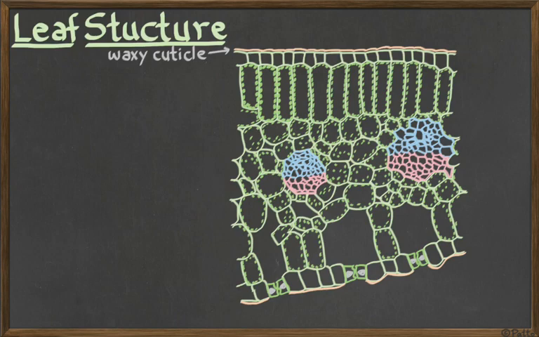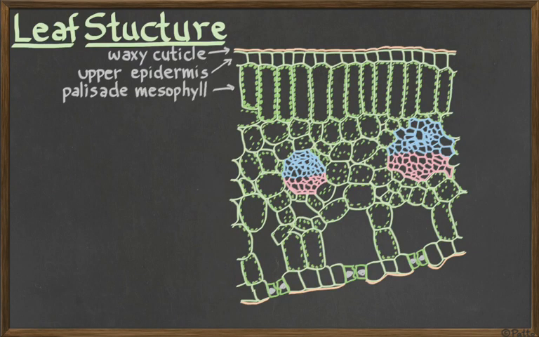So let's give names to things here. That outer layer over there is the waxy cuticle. Then you have an upper epidermis, the upper skin. That stack of cells that I show here is the palisade mesophyll. Palisade is the name given to when you make trenches. You put sandbags one on top of the other, you stack sandbags. That's a palisade.